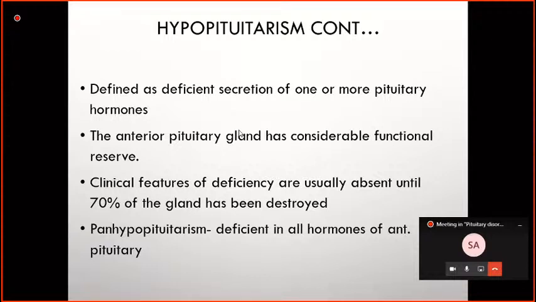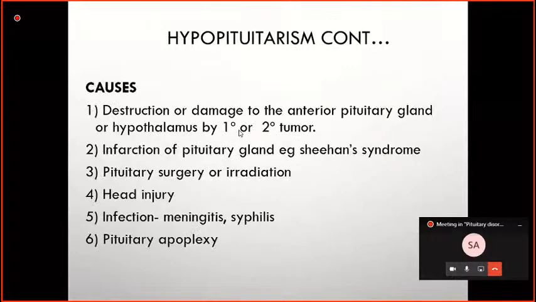That's why you don't usually have deficiency in all pituitary hormones, because the pituitary gland has so much reserve to still produce the cells. It will gradually be affected, depending on the cause. Pan-hypopituitarism refers to when all the hormones of the anterior pituitary are deficient.